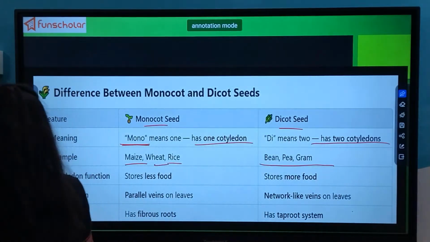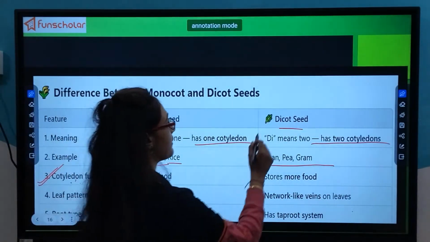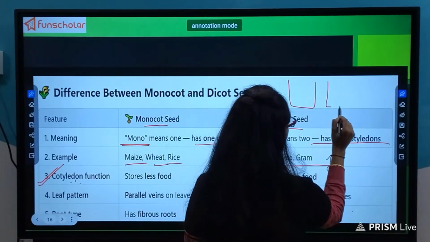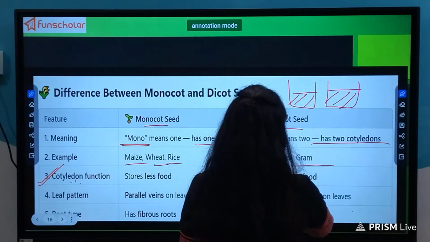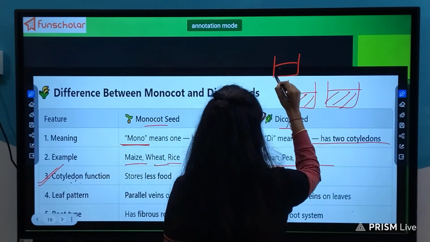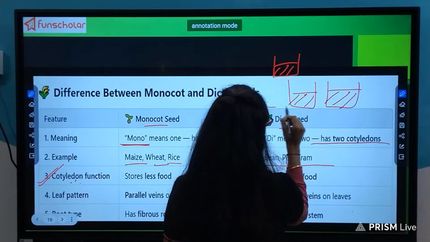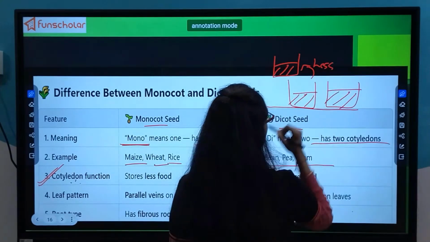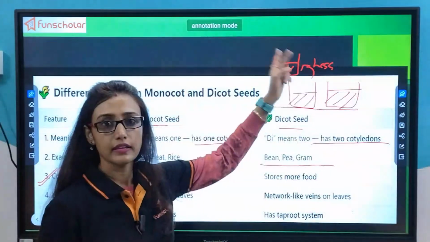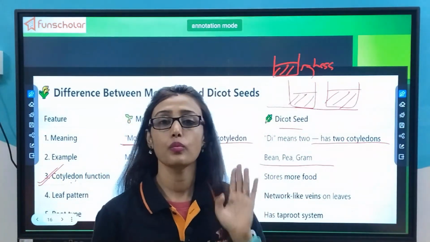Now cotyledon function. Just now I have told you if you have two containers, the amount of food will be more. But if you have only one container, the amount of food in comparison to this will be less. So in monocot, there is only one container. So what do you think?